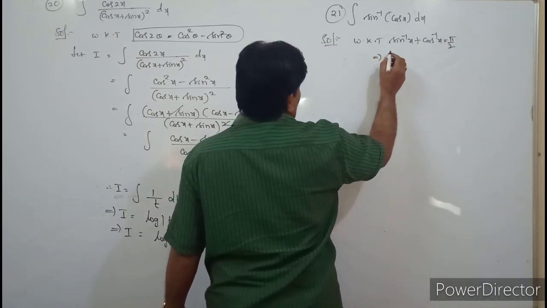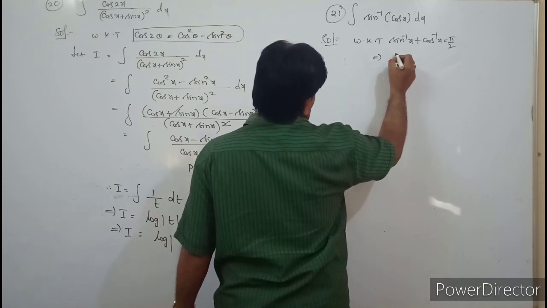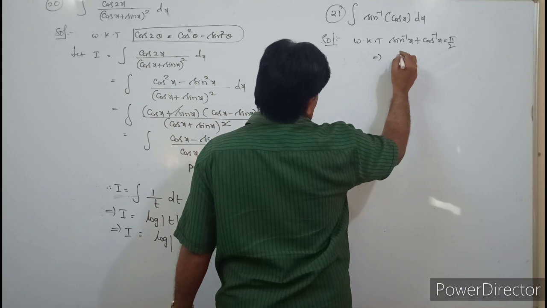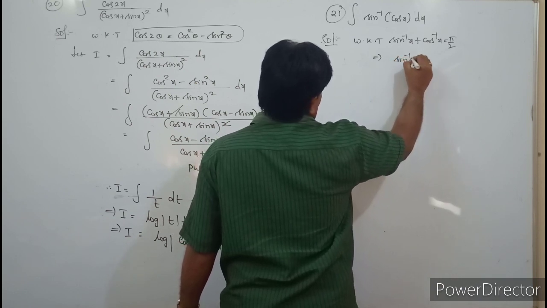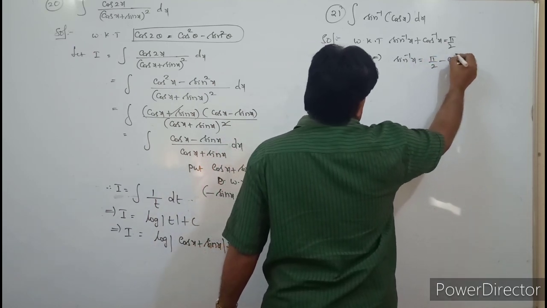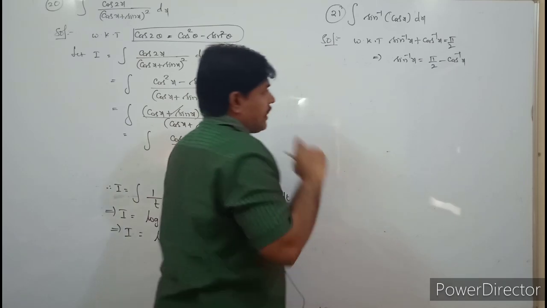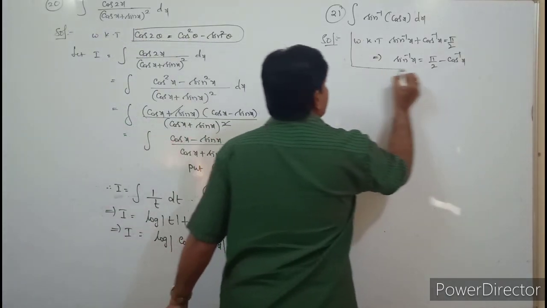That implies sin inverse x can be written as pi by 2 minus cos inverse x. This formula we are going to use.